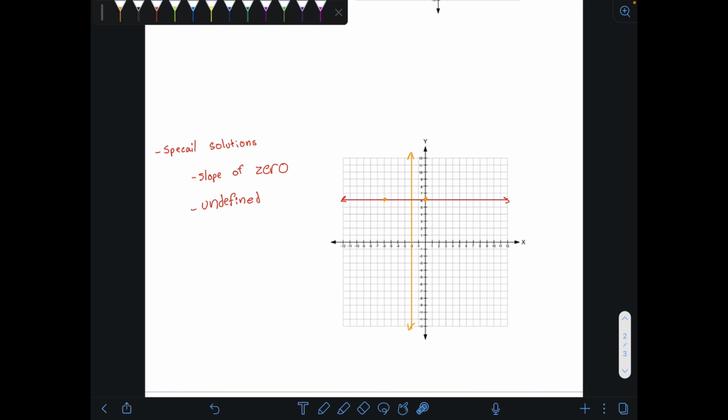And a lot of people often confuse them, both this line, slope of 0, and undefined, because they're both kind of the special solutions. But just always remember that if our 0 slope is not above ground or not below, it's not in the positives, it's not in the negatives, it's just flat 0, then you always know what is the 0 slope, and then you know the other one here is undefined.